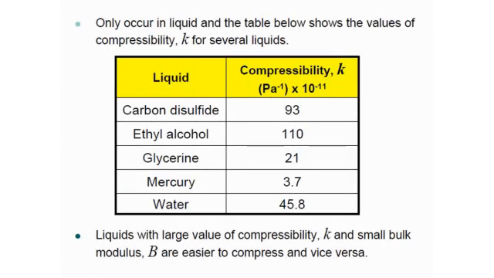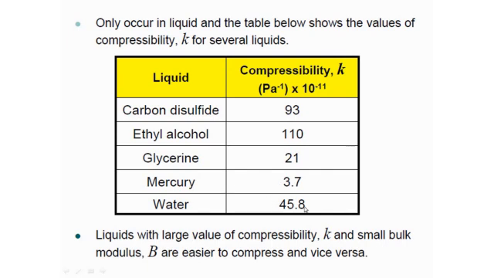Here you see the compressibility occurs in liquids, and the values of the compressibility for several liquids are given here. For example, carbon disulfide has a compressibility of 93, ethyl alcohol 110, glycerin 21, mercury 3.7, and water 45.8.